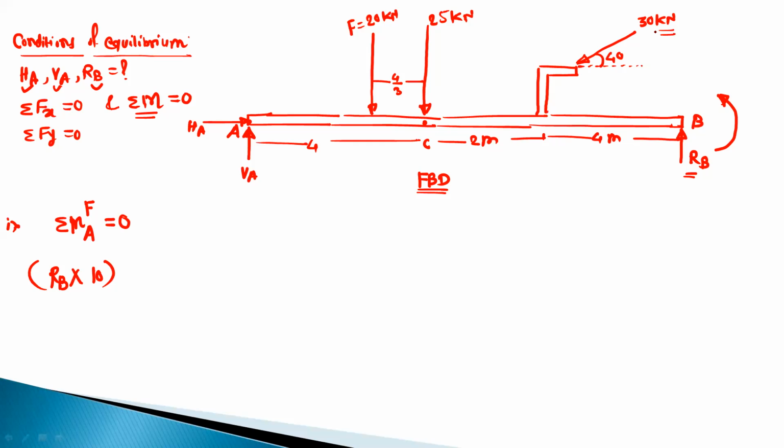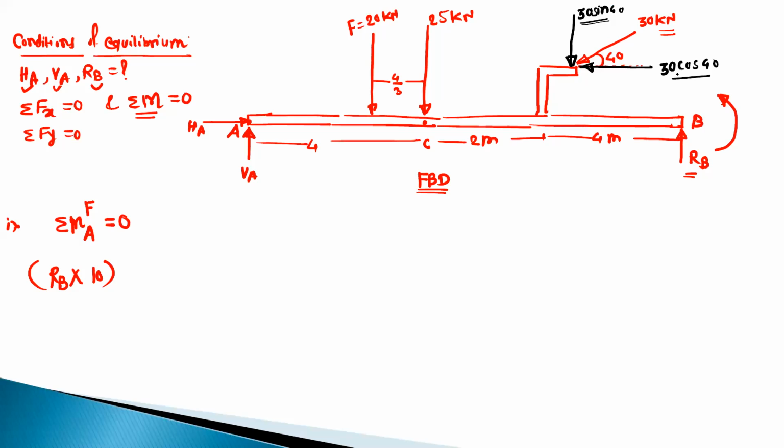But for 30 kilonewton, direct perpendicular distance is not available. So we have to resolve that force. So this is the X component, which is equal to 30 cos 40. And this is the Y component, which is 30 sin 40. And now take the moment by this 30 cos 40 and 30 sin 40. So first select 30 cos 40.